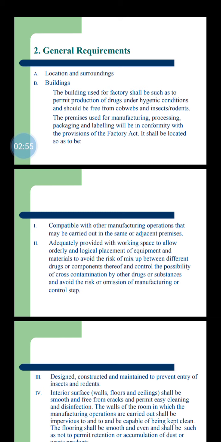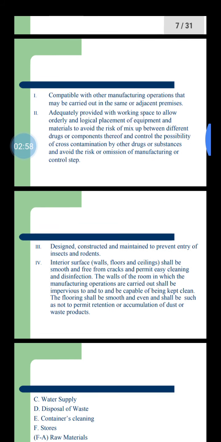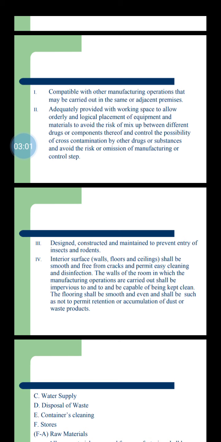It shall be located so as to be compatible with other manufacturing operations that may be carried out in the same or adjacent premises, and adequately provided with working space to allow ordinary and logical placement of equipment and materials, to avoid the risk of mix-up between different drugs or components thereof, control the possibility of cross contamination by other drugs or substances, and avoid the risk of omission of a manufacturing or control step.